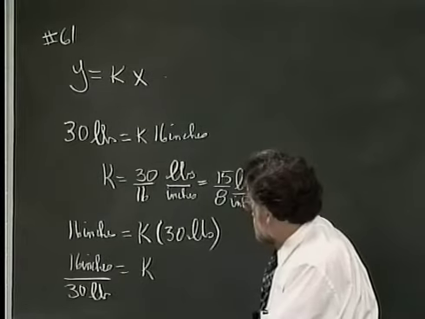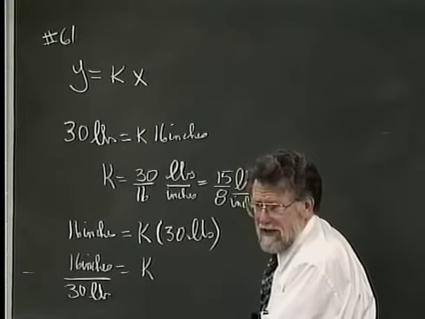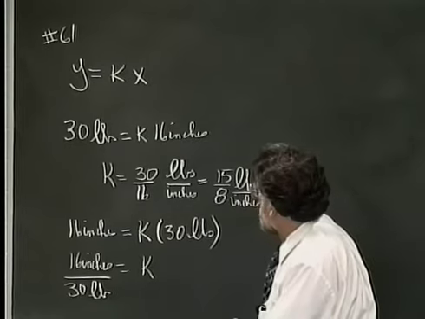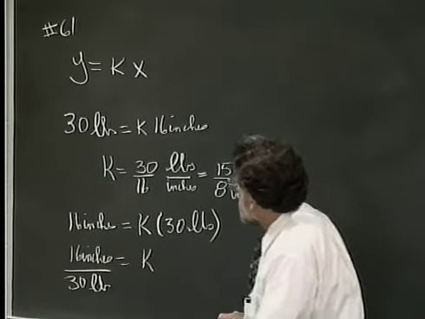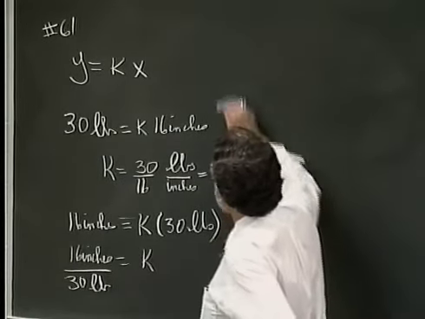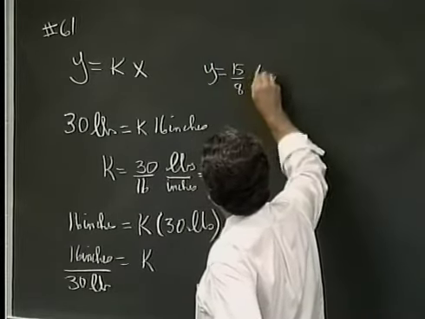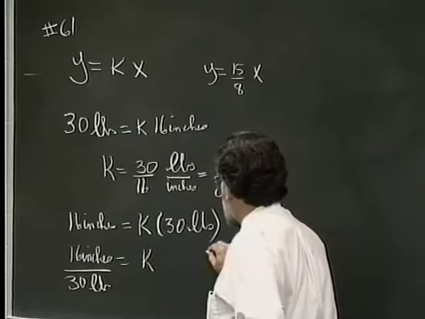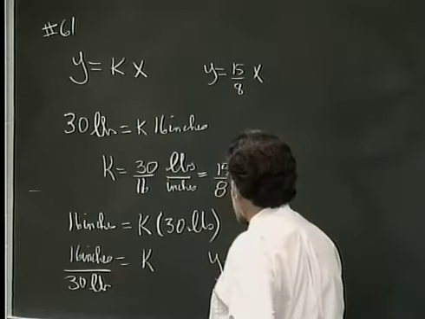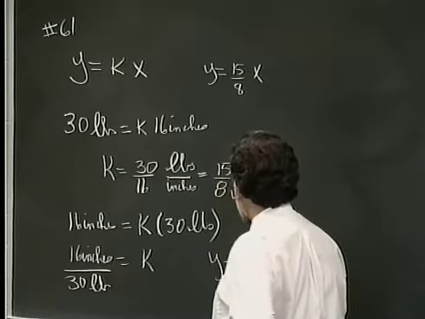I'm going to complete the solution either way, just so you realize it didn't matter too much which way I set this up. In the first version, I would have y equals 15 over 8 times x. In the second version, I have y equals 8 over 15 times x.